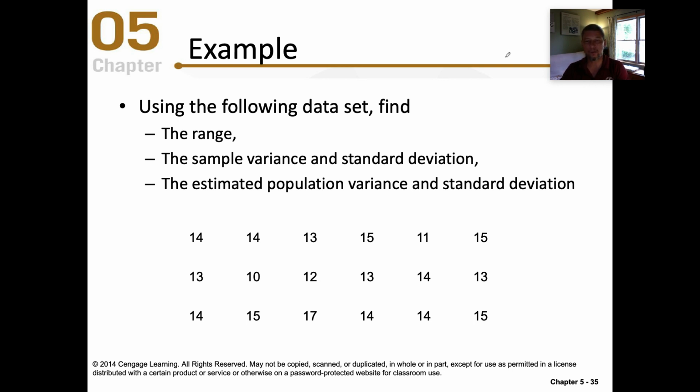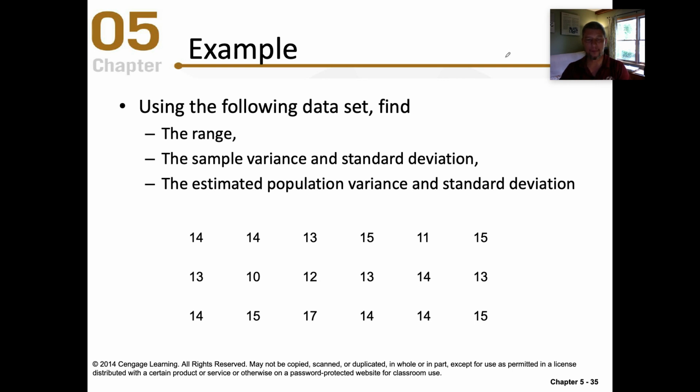And then 12, 11, and 10 each appear 1 time apiece. What that means is that we have a grand total of 18 numbers in our data set. So n equals 18.